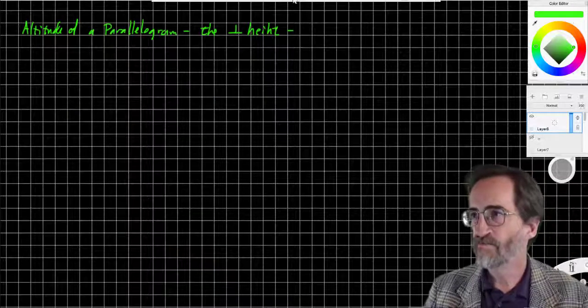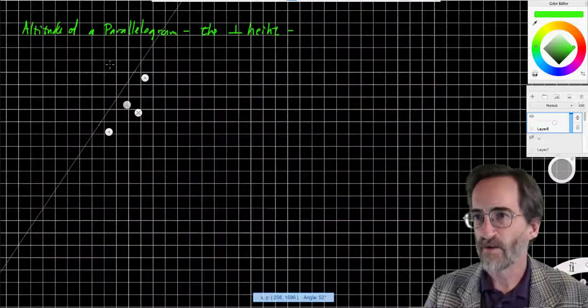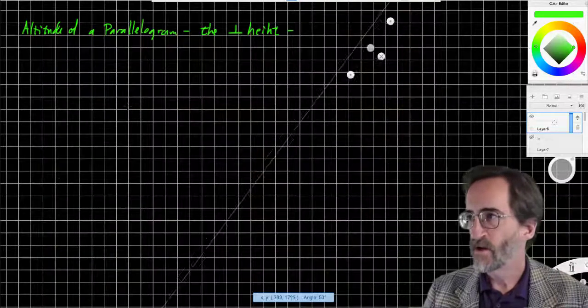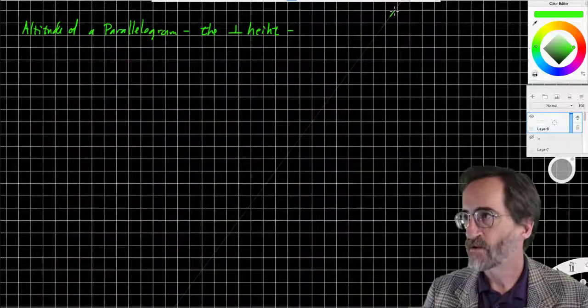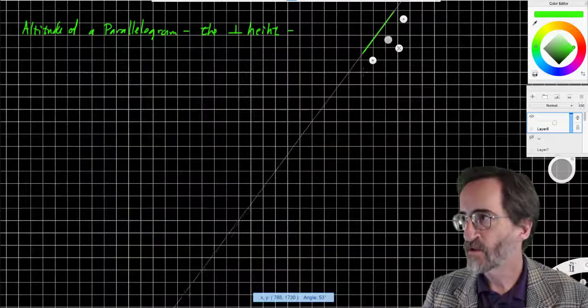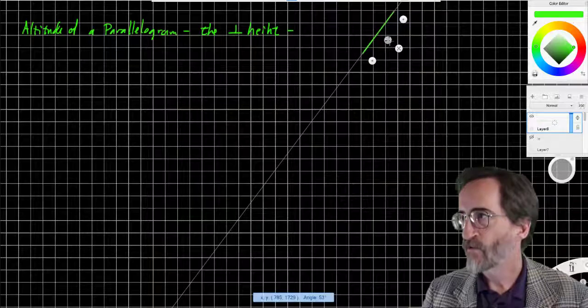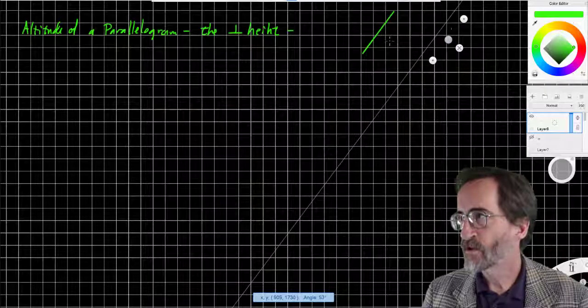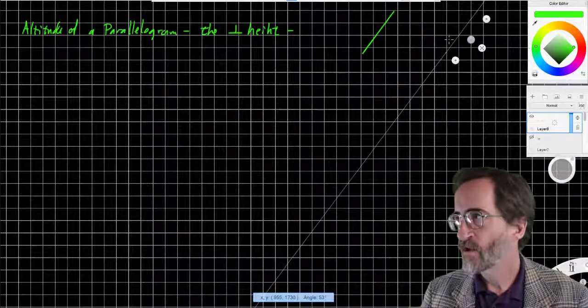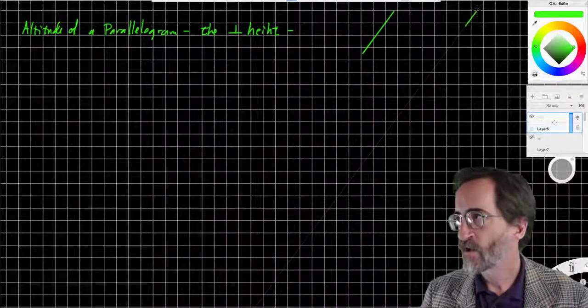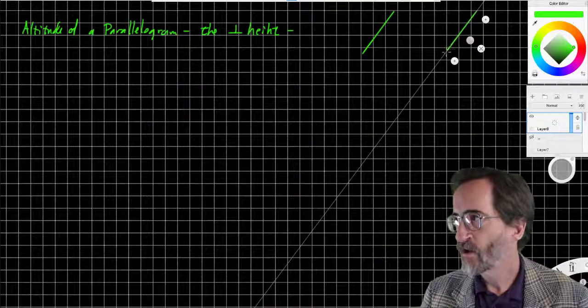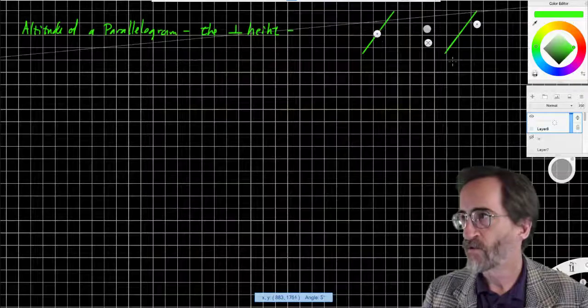Example, I'm going to draw a parallelogram and refer to it repeatedly. So I'm going to use one single example for multiple words. Okay, here we go.